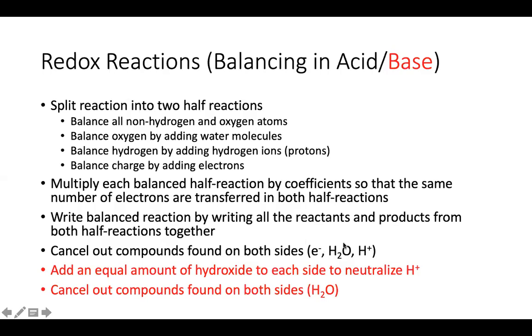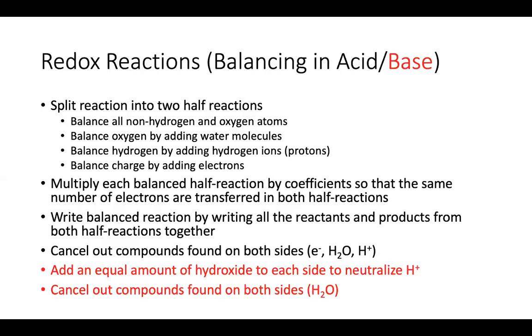And then usually you'll partially cancel out water and hydrogen, okay? Usually it's only partially canceled out. They could completely cancel out, but that's a little bit more rare than partial canceling out, okay? And at this point, that last step, you would have successfully balanced a redox reaction in acid, okay?